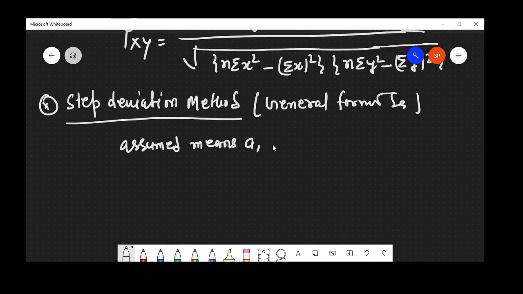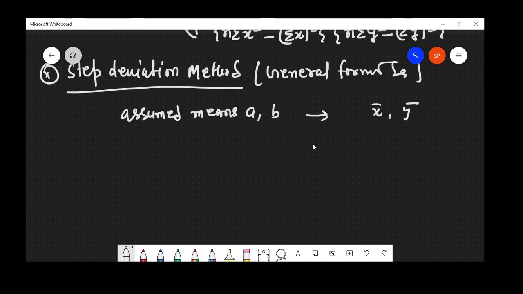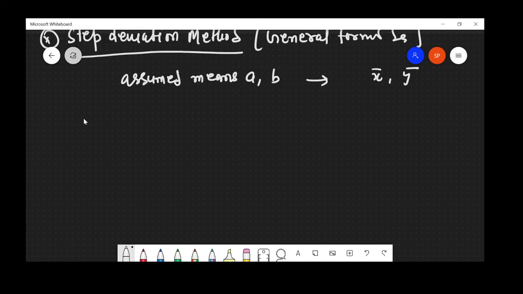Here we use the assumed means A and B, whereas previously the deviations were taken from the actual means x bar and y bar. Now we write x dash is equal to x minus a by h, and y dash is equal to y minus b by k.